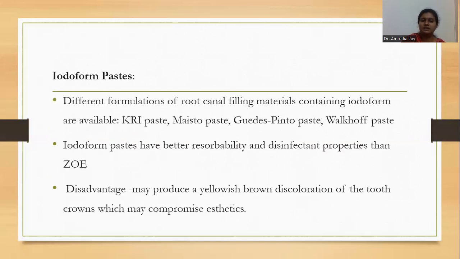In iodoform pastes, different formulations are available, such as KRI paste, Maisto's paste, Demp's paste, and Walkhoff paste. This paste has better resorbability than zinc oxide eugenol, but it can cause yellowish brown discoloration of the tooth crowns. That will lead to a compromise in aesthetics.